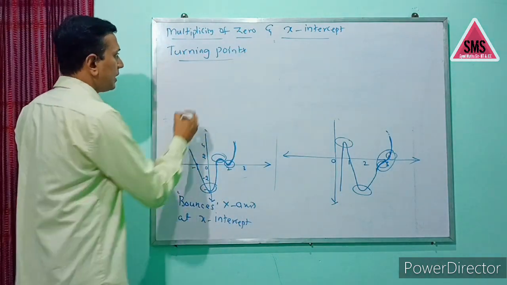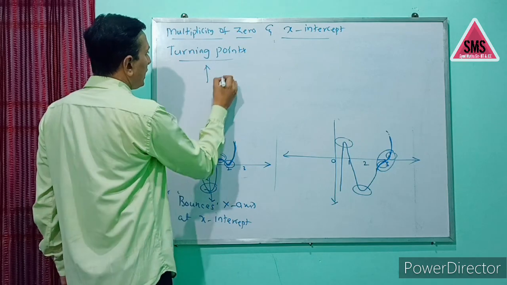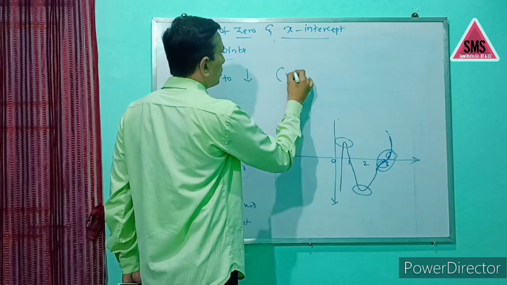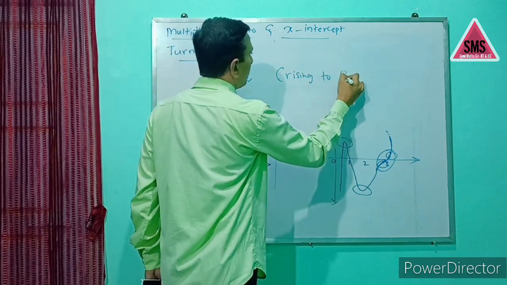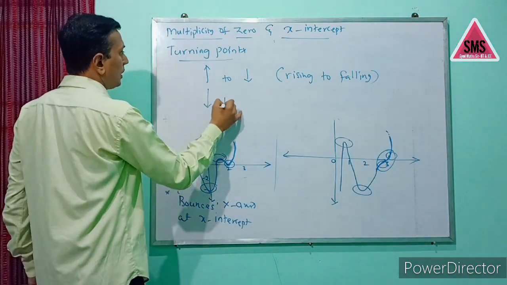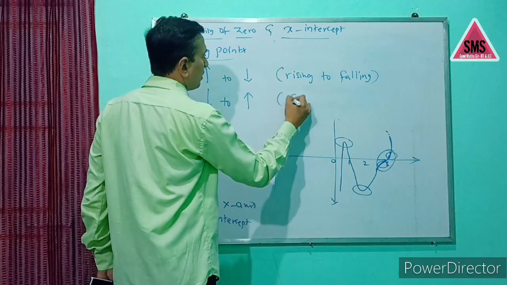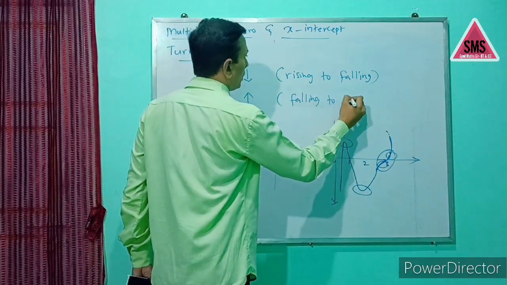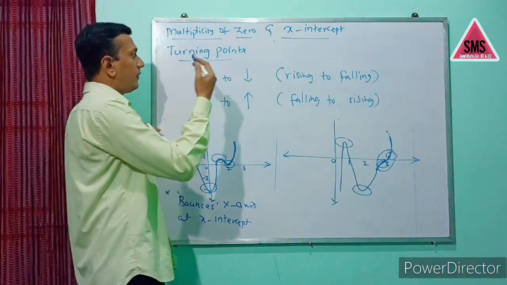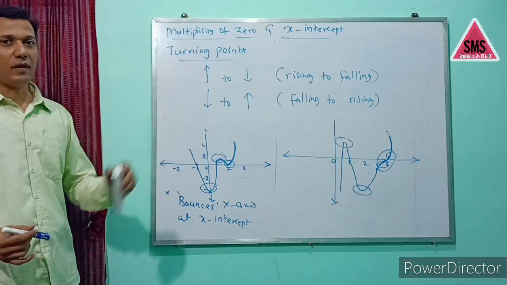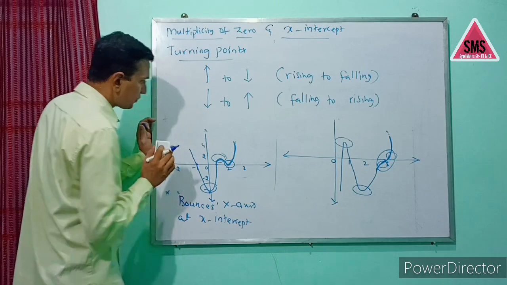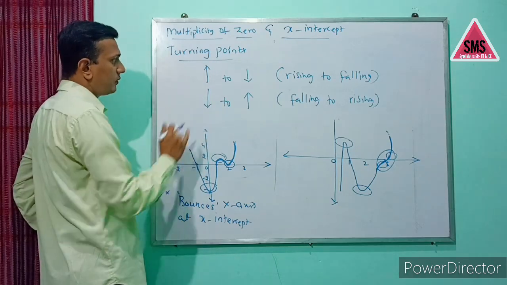These turning points indicate increasing to decreasing, that means rising to falling, and decreasing to increasing, that means falling to rising. So whenever the function is rising to falling or falling to rising, one more concept will come into place. So let us finish this topic first.